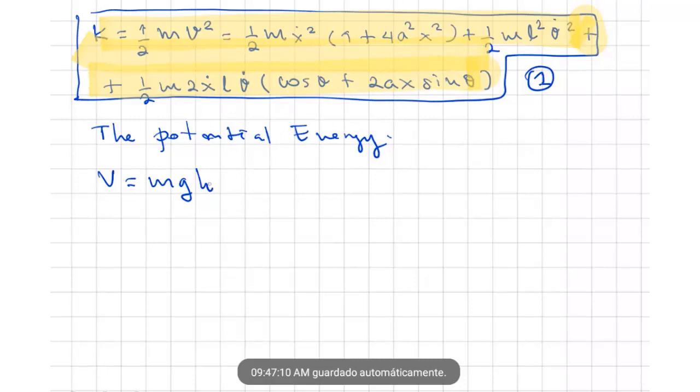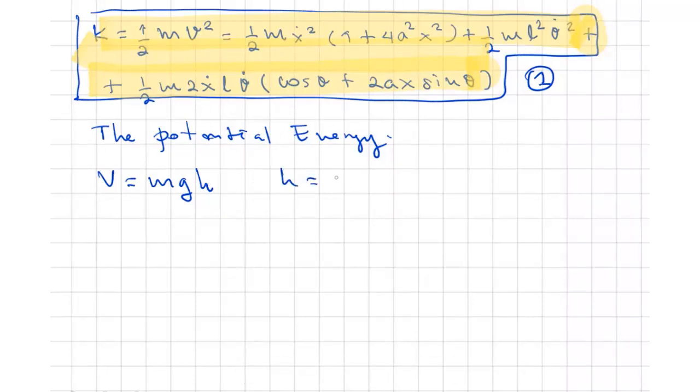But we know that h is c minus L cosine of theta, but we know that c is a x squared minus L cosine of theta.